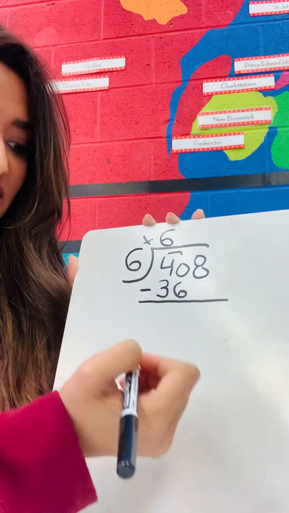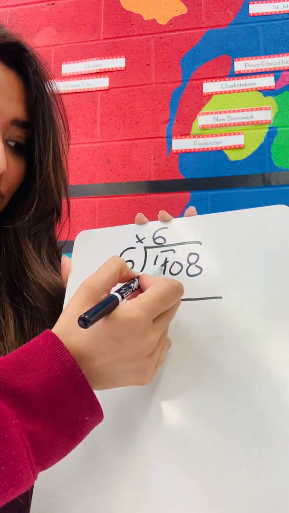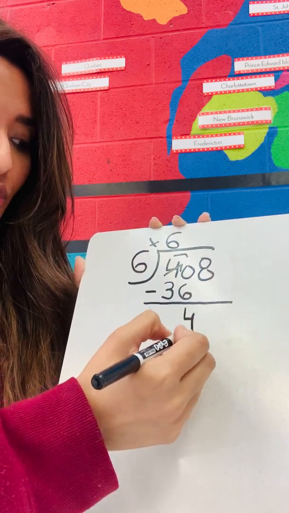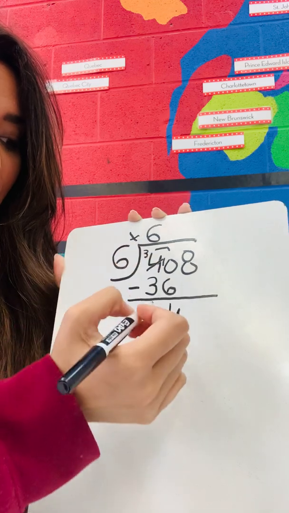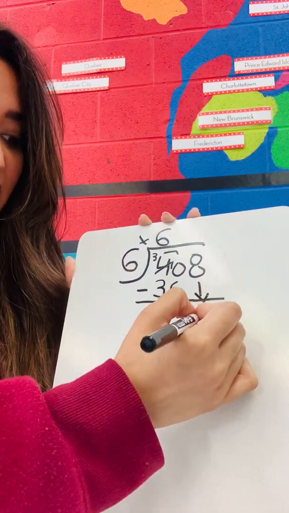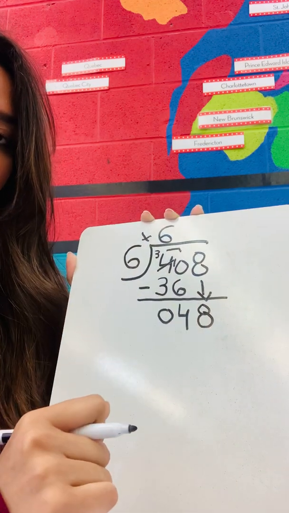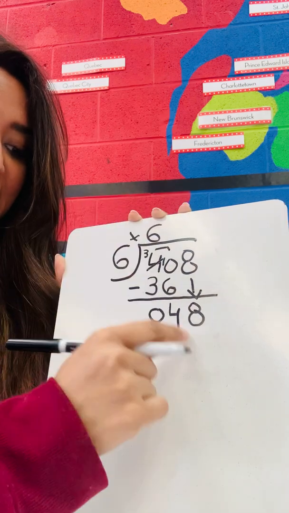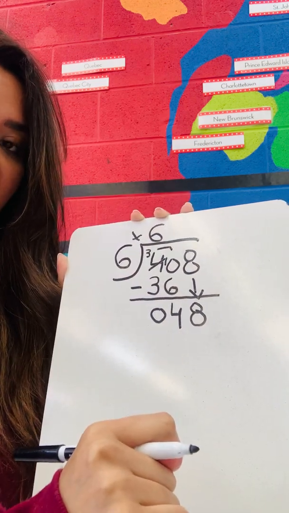We go ahead and subtract. So I'm going to borrow 10, take away 6 is 4. I was left with 3 here. It's a 0. Then I'm going to bring down my 8. Now this has become 48. And I'm going to ask myself, how many 6s can fit into 48?